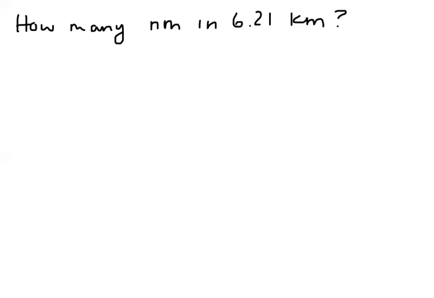What's really helpful in this case, this is not going to be a one-step conversion because we don't know, off the top of our heads, the conversion between nanometers to kilometers. But you do know kilometers to meters and meters to nanometers because we have our unit prefix sheets. Now, I'm going to write a unit map. So I'm going to go from kilometers to meters to nanometers.